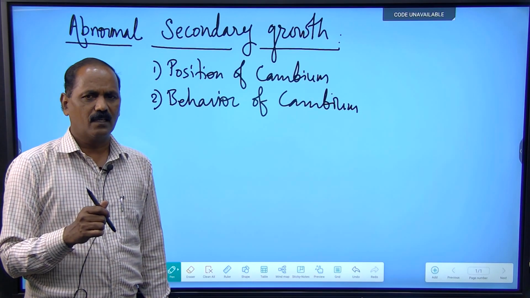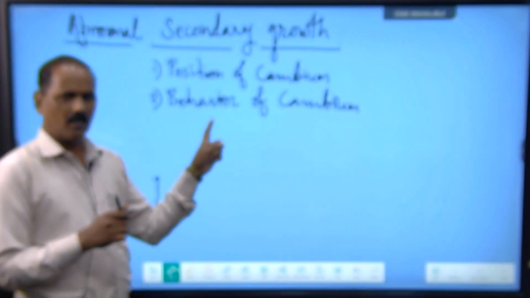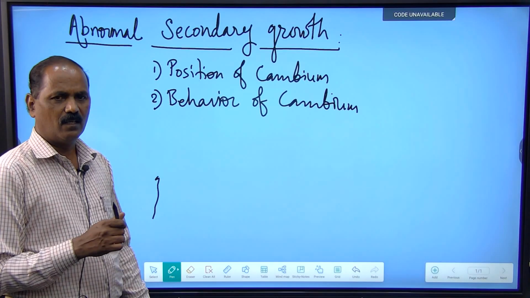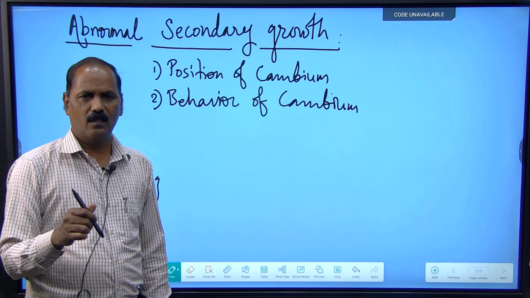So if anything related to these two points, position and behavior, is abnormal, we say it is abnormal secondary growth.